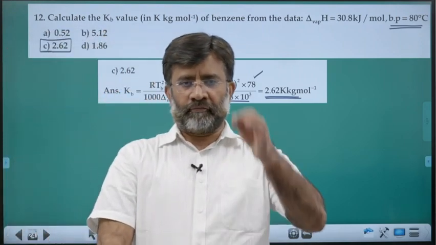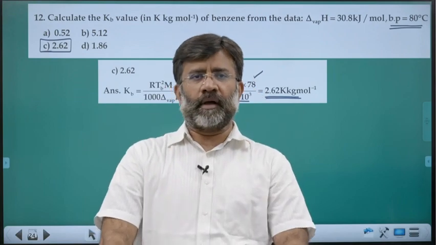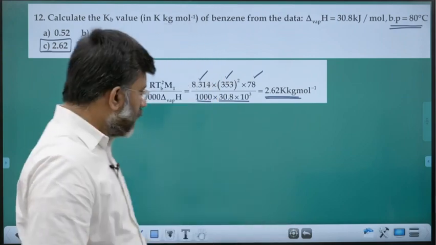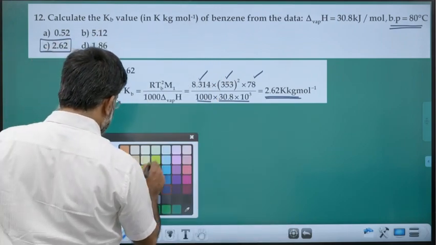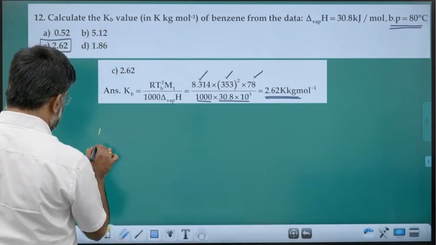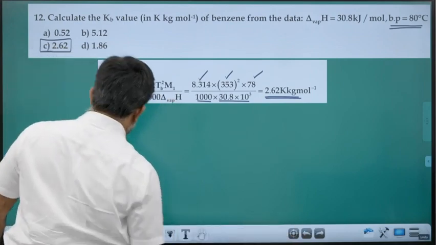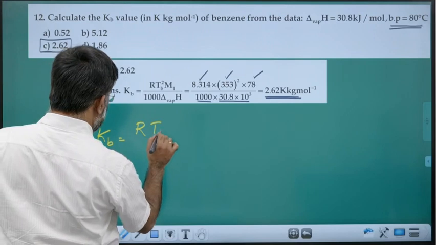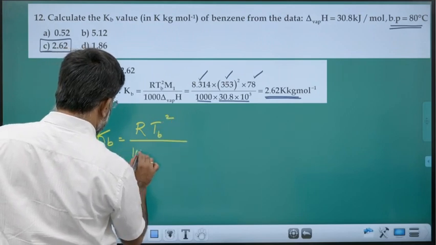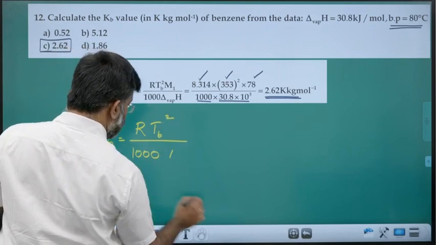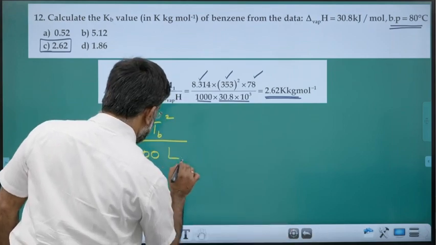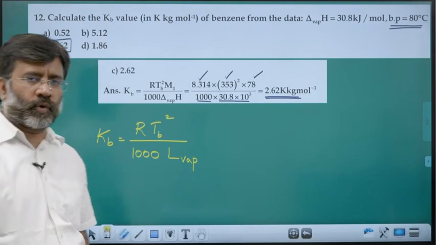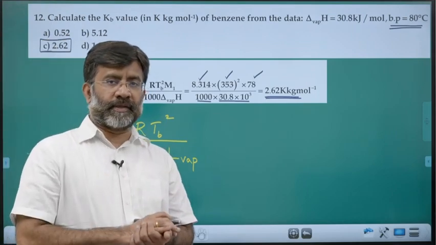A question of definite possibility, because we learn that formula in the NCERT. Even if it is an application, the formula may not be given like this in the textbook. It may be like this: Kb is equal to R Tb square divided by 1000 Lv, latent heat of vaporization.